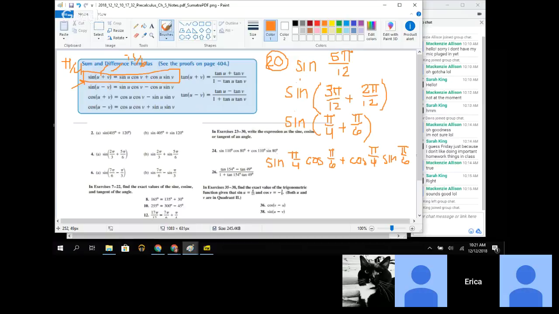Now when I look at my unit circle, the sine of pi over 4 is the square root of 2 over 2. The cosine of pi over 6 is the square root of 3 over 2.